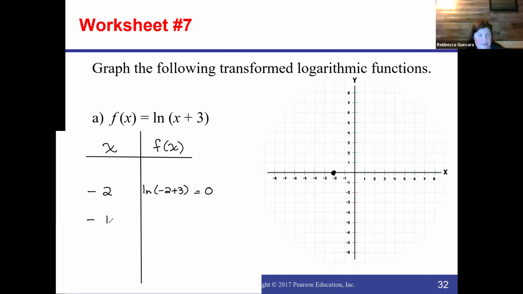Let's try, say, negative 1. If I put a negative 1 into my function here, then I would end up with 0.693 approximately, if we're going to do some rounding. If I put in 0, then I'm going to get roughly 1.099.